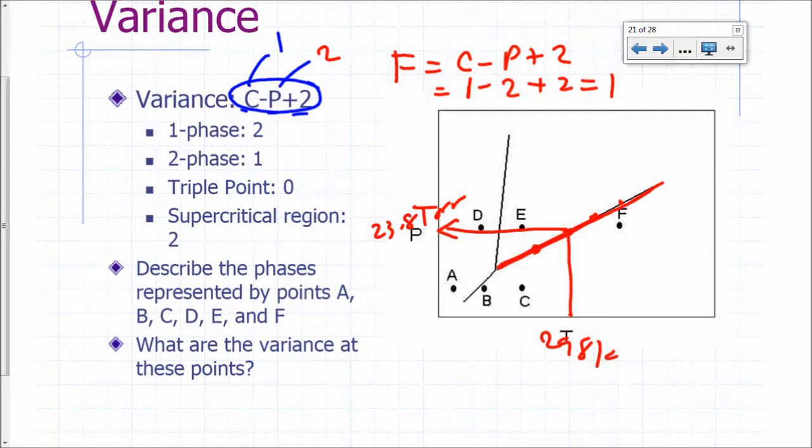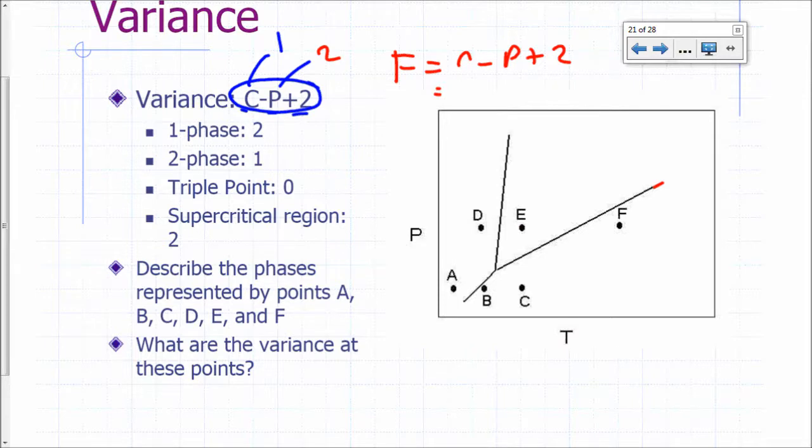Now, what if you have three phases at the triple point? Your variance is going to be 1 minus 3 plus 2, which is 0. A triple point is an invariant point. This point right here, where the three regions intersect, is well defined.